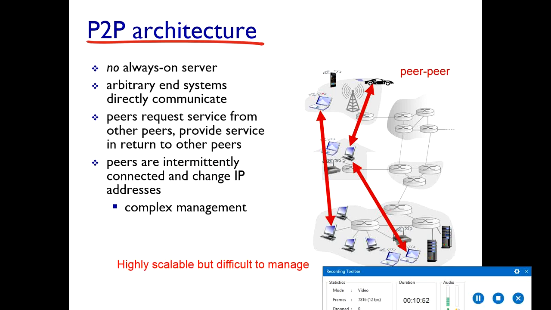If you see, this laptop is connected to this PC through some link, but it can always move. So peers do not have fixed IP addresses. They can change their IP address. That's why their management is quite complex. The advantage of peer-to-peer architecture is that it's highly scalable, but the disadvantage at the same time is that it's quite difficult to manage.